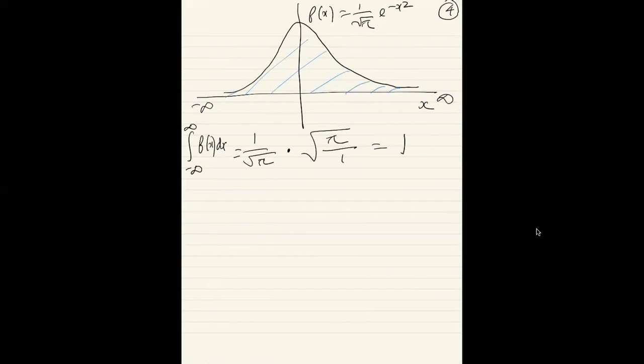So we know the area from minus infinity to infinity under this function is 1. But what if I am interested in the area not from minus infinity to infinity, but from 0 to some arbitrary value x? So let's say I'm interested in this area, 0 to some value x. Let's use the color red here to show that we're talking about that.